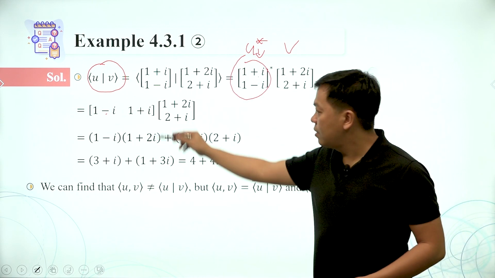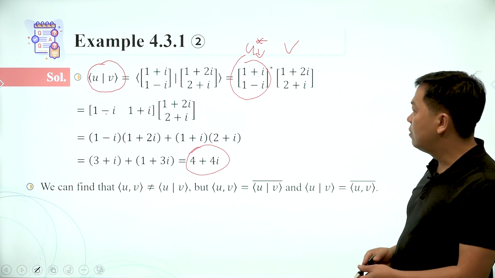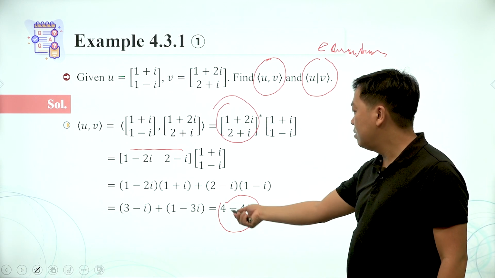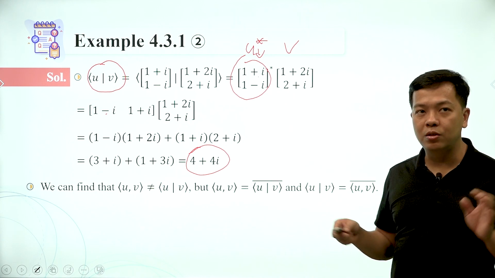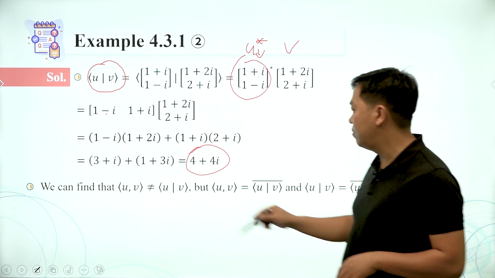After you calculate this value, we can find that this one is minus and this one is plus. So the traditional inner product is different from the quantum inner product.